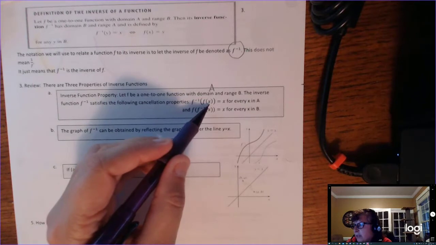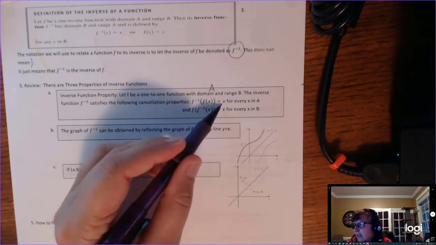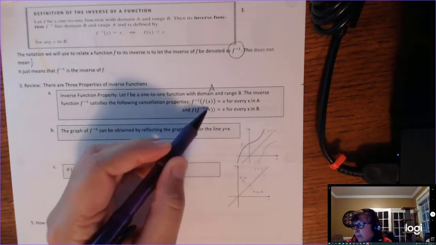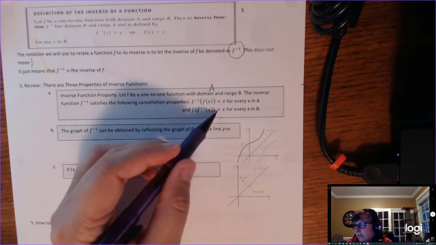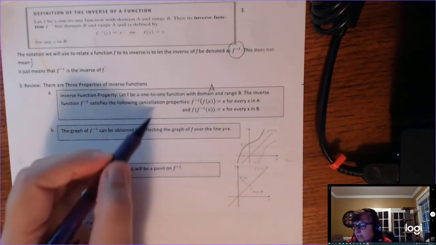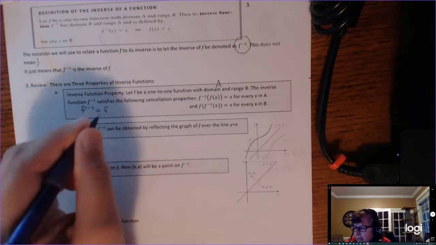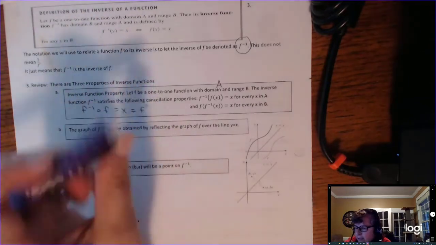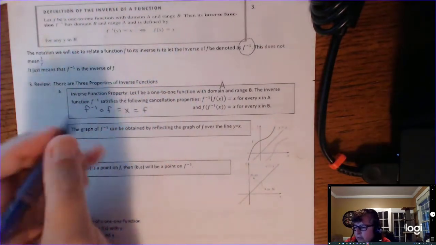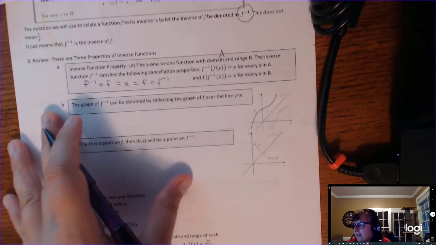If I put the original function into the inverse function, it's going to come out to be x for every x in A. And if I put the inverse function into the f function, it's going to equal x for every x in B. So function composition: if I compose f with the inverse, I get x. If I compose the inverse with f, I get x.